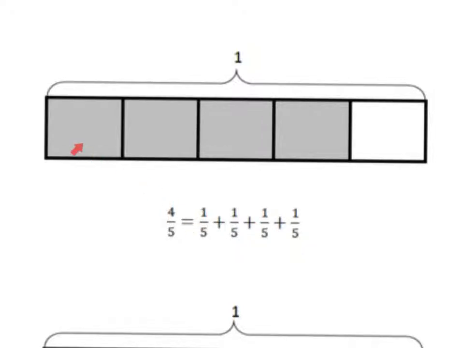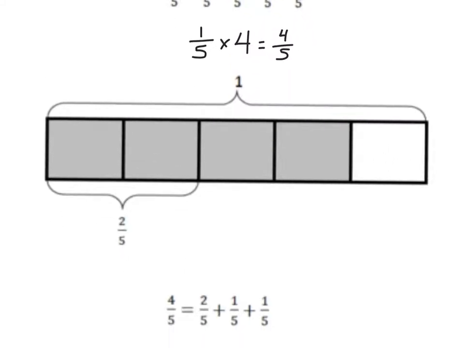You can see each of those 1/5 right there, making a total of 4/5. Now another way you could write this, since they are all 1/5, you can say that is equivalent to 1/5, 4 times. And 1/5 times 4 will give you 4/5.